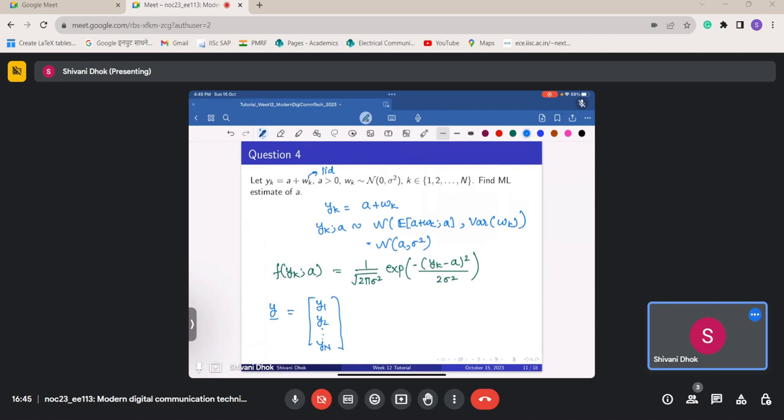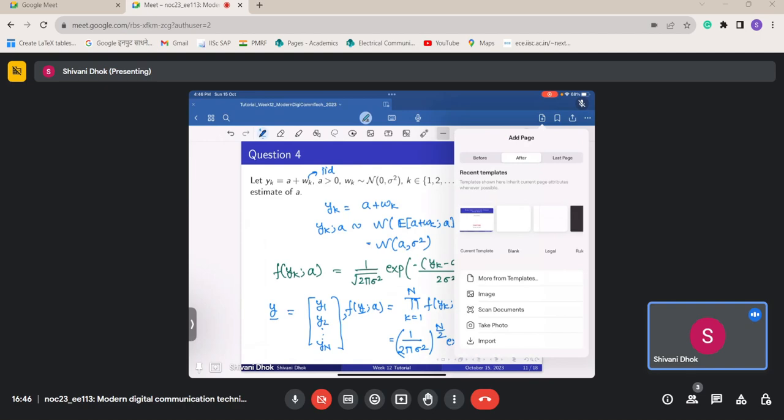So then f of y given a will be simply the product of k running from 1 to capital N of f of yk given a. This comes out to be equal to 1 upon 2 pi sigma square to the power N by 2 into e power minus 1 by 2 sigma square summation k running from 1 to capital N of (yk minus a) square.